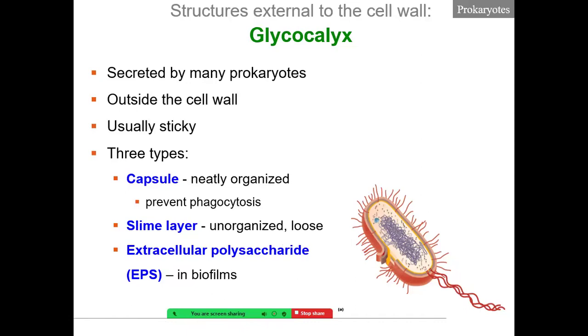Even with the capsule stain, you cannot see the slime layer. It is because the slime layer is mostly water, and therefore it's transparent. You can see the slime layer if you look in the electron microscope.